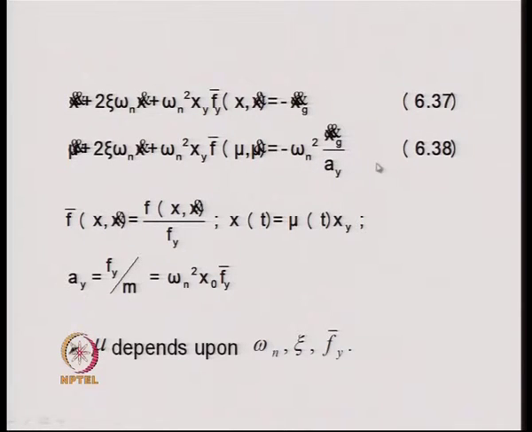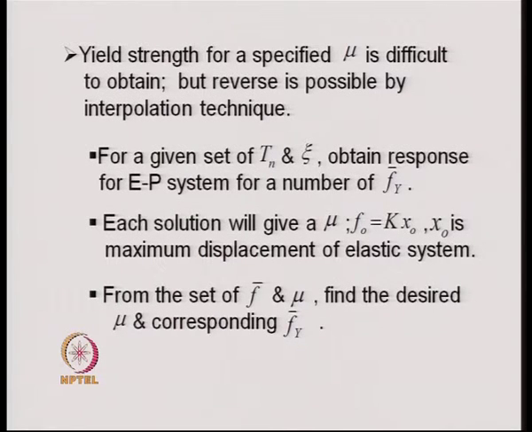That is why we have converted equation 6.37 into the form of equation 6.38. The yield strength is known provided f bar y is known, because f bar y is defined as f0 divided by fy, as we have seen before. Therefore, the yield strength can be immediately obtained provided the value of mu is known.